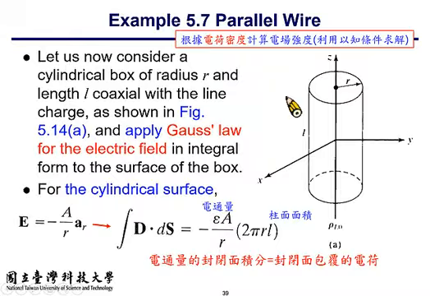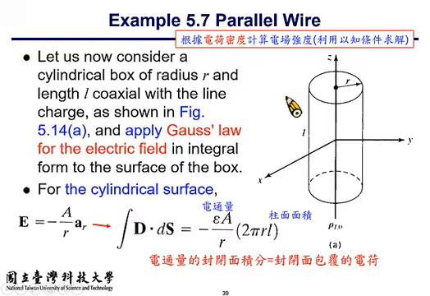However, in this case, we already know that the electrical field is running in the R direction, so it has no projection on the top and bottom surfaces. Therefore, you only need to calculate the surface integral of D over the cylindrical surface. All right, so that's the reason why we have this thing.